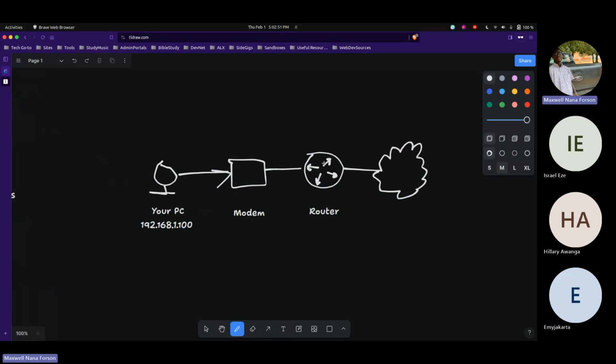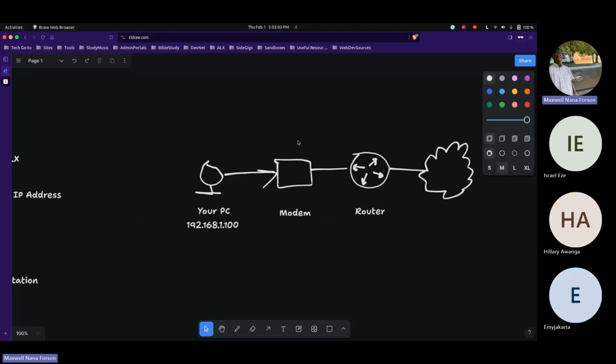what would happen is that this router over here will do something called network address translation. It will translate your private IP address into a public IP address. So let's assume that our company has an IP address that has been bought by the company, and the address is 2.2.2.2. Remember that 2.2.2.2 is within class A, and it is a public IP address.